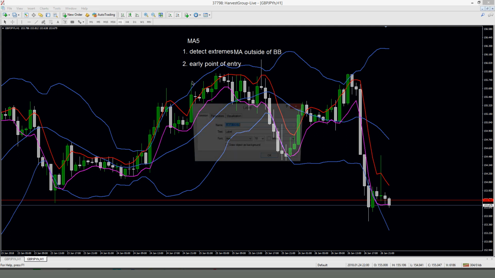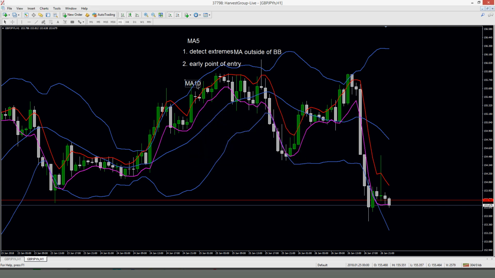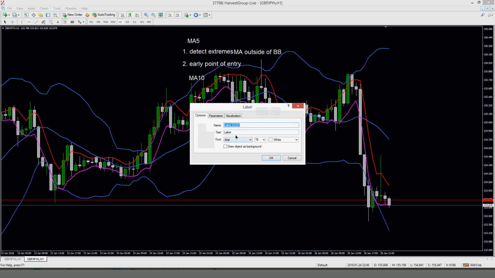Okay, so MA10, according to the BBMA notes, there's only one function. The function is to create a much stronger entry.